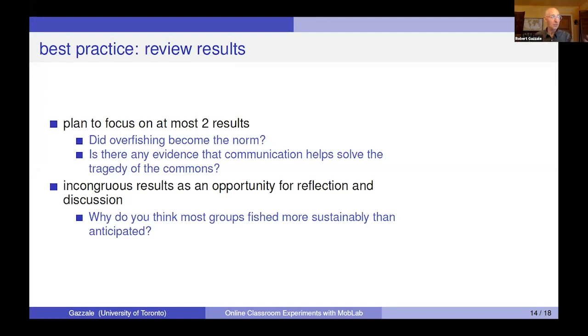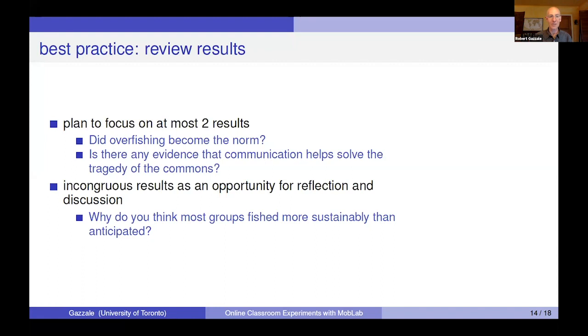Turn it around and say, why do you think most groups fish more sustainably than the theory suggests? This will lead your students to think about the difference between their preferences and actions and what we assume in theory. So unexpected results are a great way to ask students to reflect about what happened.